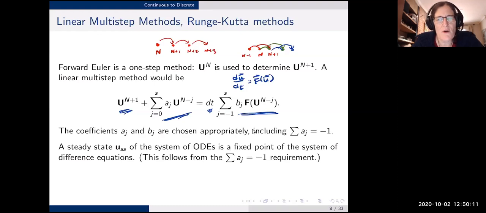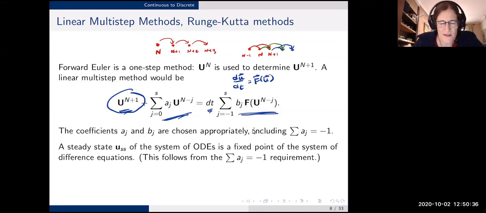And you choose the coefficients a and b in a sensible way. And this gives you a way of generating the future value using the vector field and past values. And a steady state would be a fixed point of this system of difference equations. So this is a multi-step method.